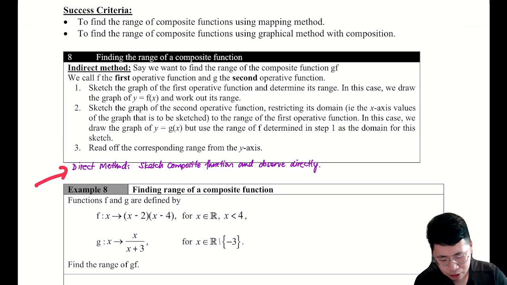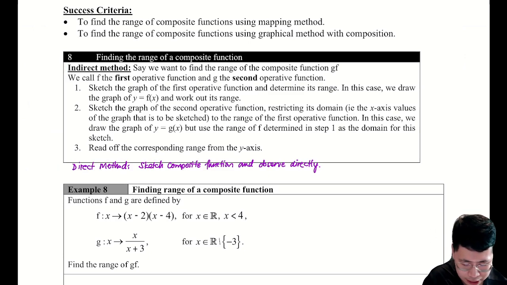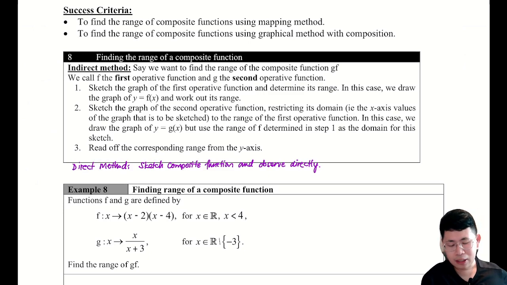Now for the direct method, we sketch the composite function itself and observe directly. So when is each method okay? The direct method is okay if the composite function is very easily determined.